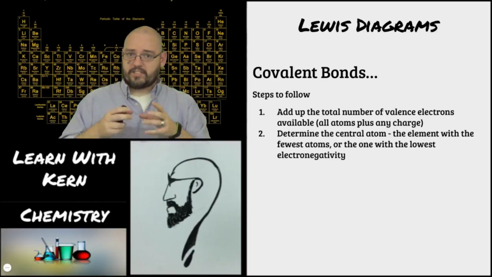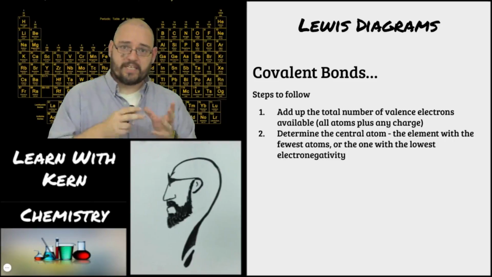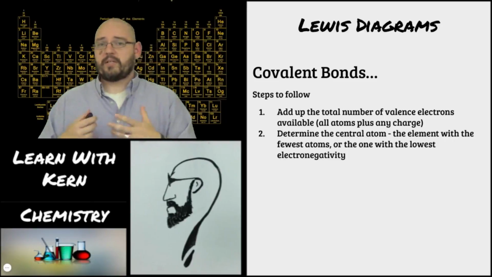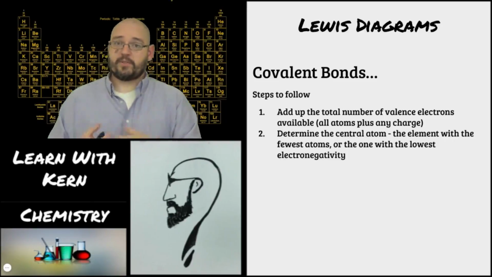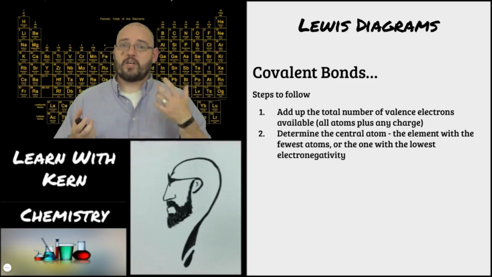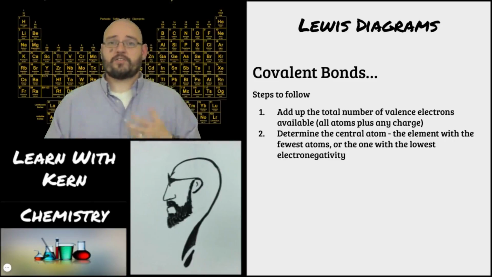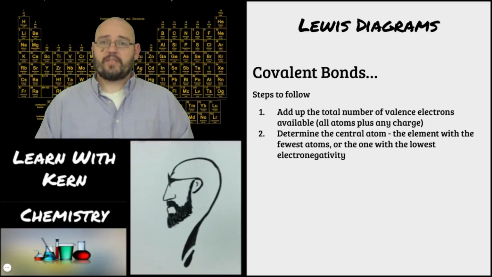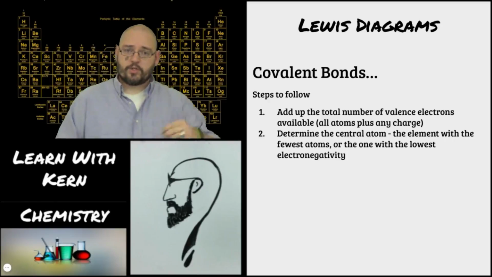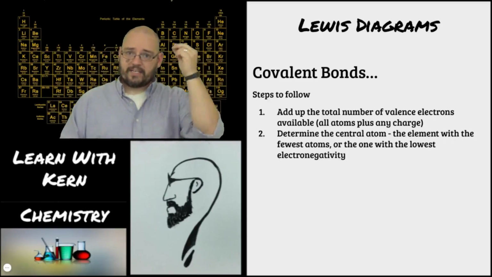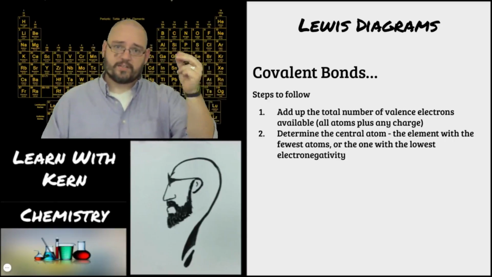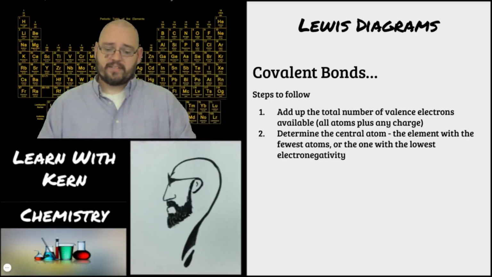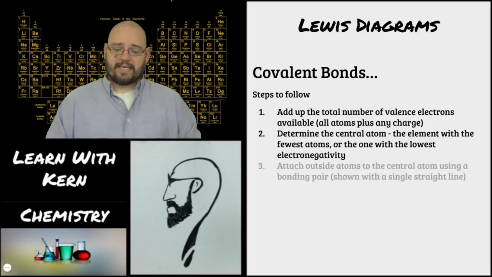So the one that has the fewest number of atoms in the compound, or the element that has the lowest electronegativity. In the case of carbon and oxygen, carbon's electronegativity is less than oxygen, so carbon would be considered the central atom. So you first identify and count up the total number of valence electrons, and then you identify the central atom and you write that down.